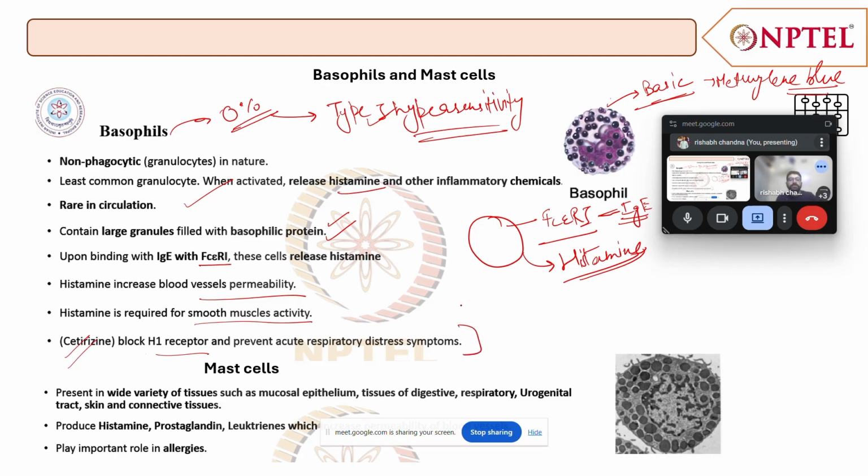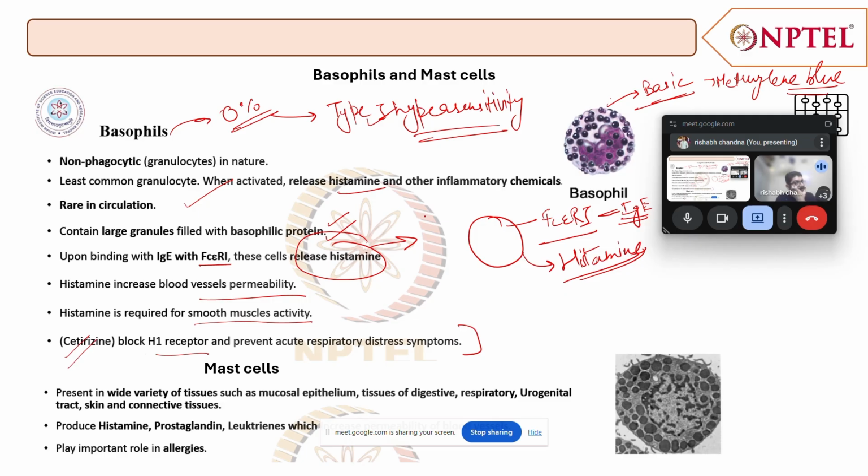So what happens is whenever there is any allergic reaction, some people start sneezing continuously, or some people start coughing continuously. That can be due to any number of reasons, either dust, pollen, or any of the microorganisms. So our body, basically basophils and the mast cells, release histamine.